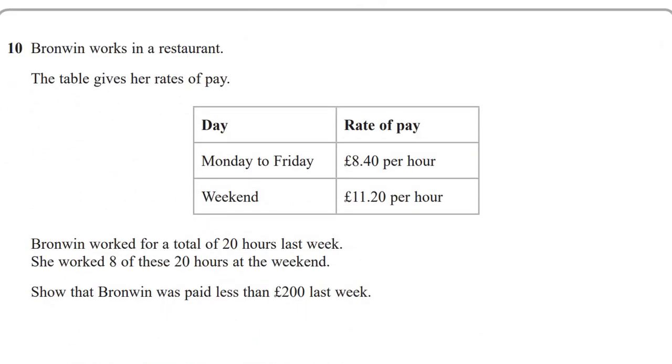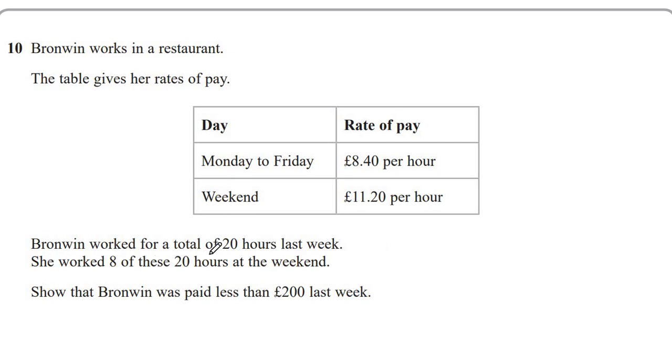Now, here's the next question. This is about a person working in a restaurant, and so this is the rate of pay, and in the weekend the rate of pay is higher.